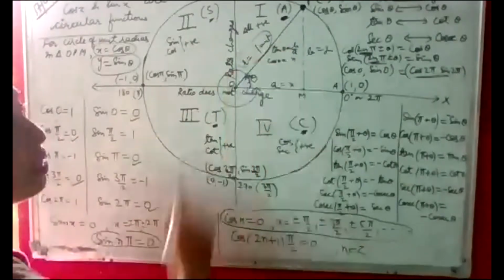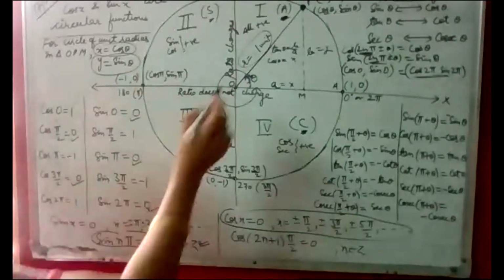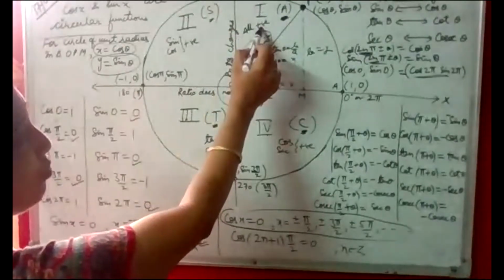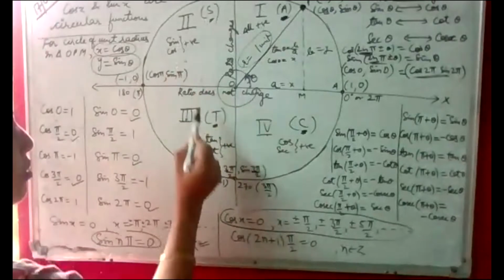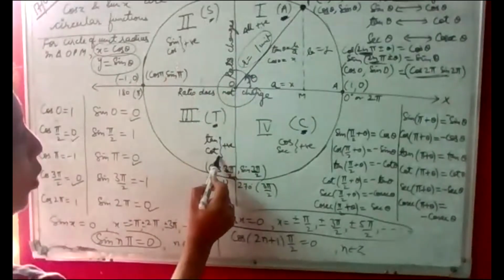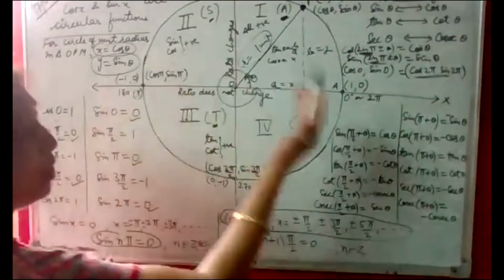That means all the 6 ratios that we have studied: sine theta, cos theta, tan theta, sec theta, cot theta, and cosec theta, are positive in the first quadrant. In the second quadrant, sine and cosec are positive. In the third quadrant, tan and cot are positive. And in the fourth quadrant, cos and sec are positive. The rest are negative.